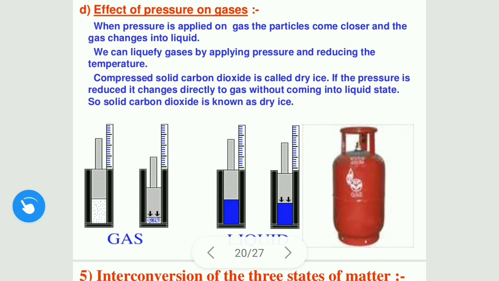Hence we can say that we can liquefy gases by applying pressure or by reducing temperature. Note that only at a specified temperature can applying pressure change gas into liquid. For example, solid carbon dioxide, also called dry ice.